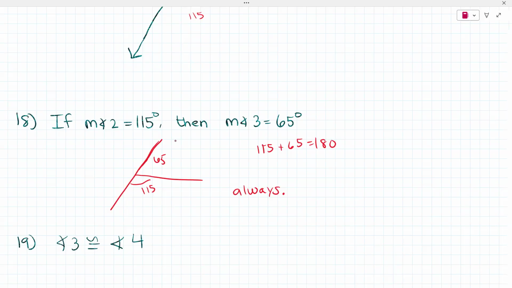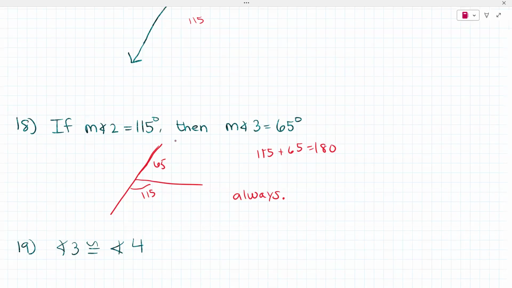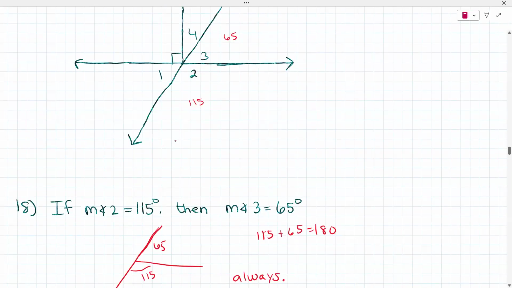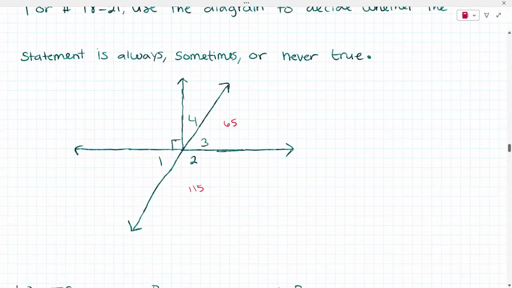What about number 19? Is angle 3 congruent to angle 4? Here's angle 3, here's angle 4. Sometimes, right? We don't know what angle 3 or angle 4 is, but they can be congruent. Angle 4 and angle 3 together form a 90 degree angle, right?